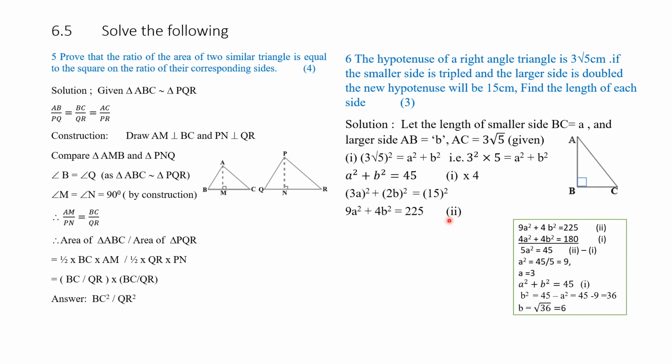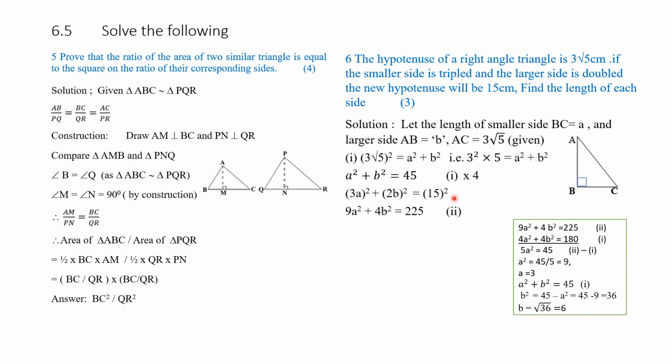Now, we have to find the values of a and b by solving equation 1 and equation 2. To solve this, please see here, there is 4b square and here b square. So, in order for the term containing b to get cancelled, multiply equation 1 by 4. So, 9a square plus 4b square is equal to 225, that is equation 2 as it is.